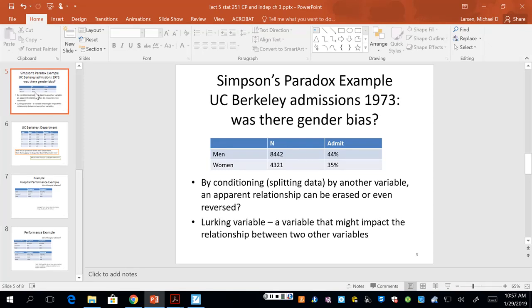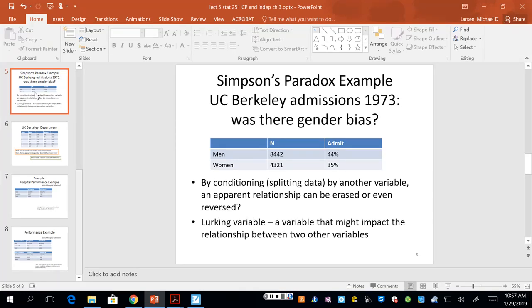It's an example of what's called Simpson's paradox. It's named after a mathematician and probabilist who described this phenomenon in the 1950s. Here's one example that has been used over time as an example of interpretation of it.